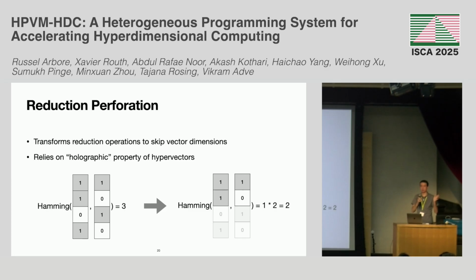So all reduction perforation does is, for certain reduction operators, such as Hamming distance, just not process some portion of the vector. In this example, we're just processing literally the first half of the vector. And because every element is as important as every other, we can choose what portion of the vector to process that is most efficient on the target processor.